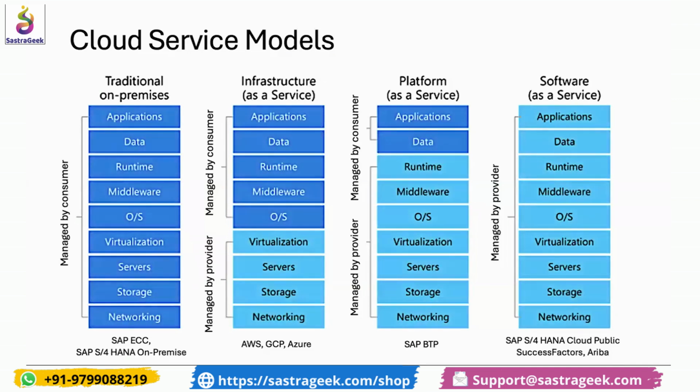You can only consume them and sometimes make some small configurations. The SAP solution for SaaS: the public cloud S/4HANA, SuccessFactors, Ariba, and going on to the main topic that we have at hand, the SAP solution for platform as a service, SAP BTP.